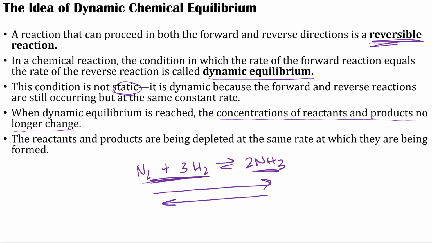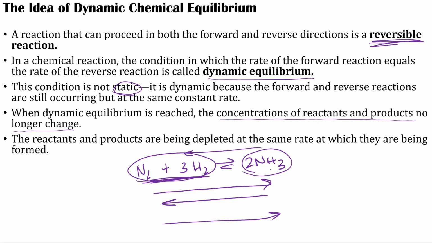That doesn't mean that those reactions stopped, though. They're just not changing anymore, because as the reaction goes in reverse, we make reactant, and as the reaction goes forward, we make product. If it's happening at the same time, then nothing is disappearing anymore. The reactants and products are being depleted at the same rate at which they're being formed.